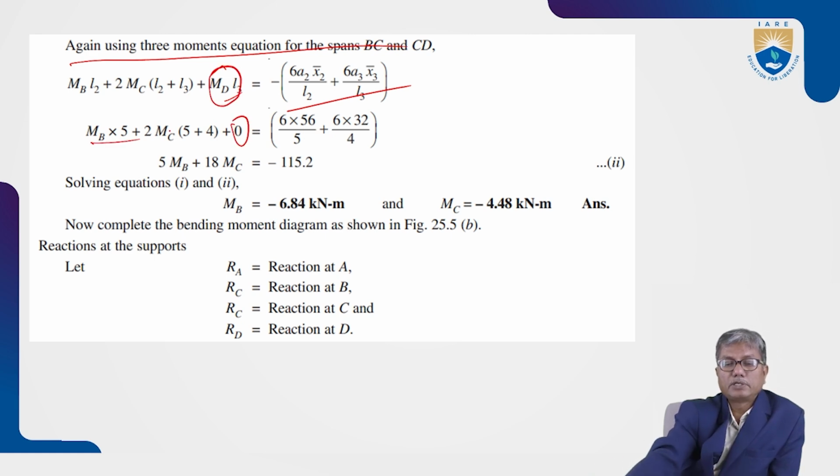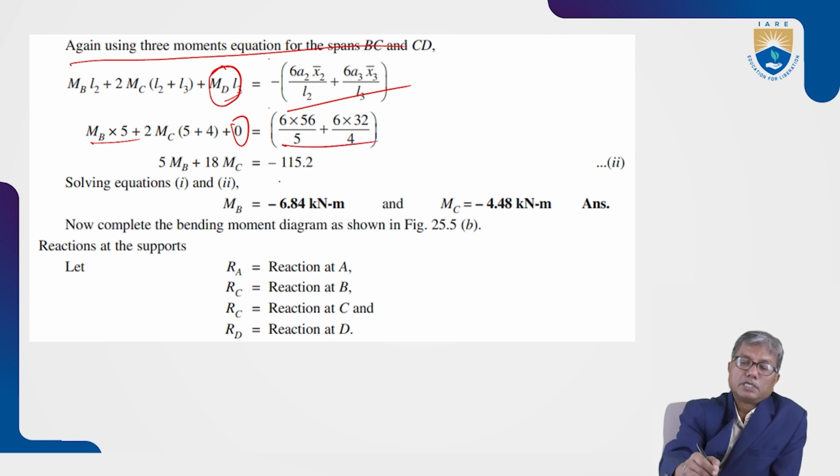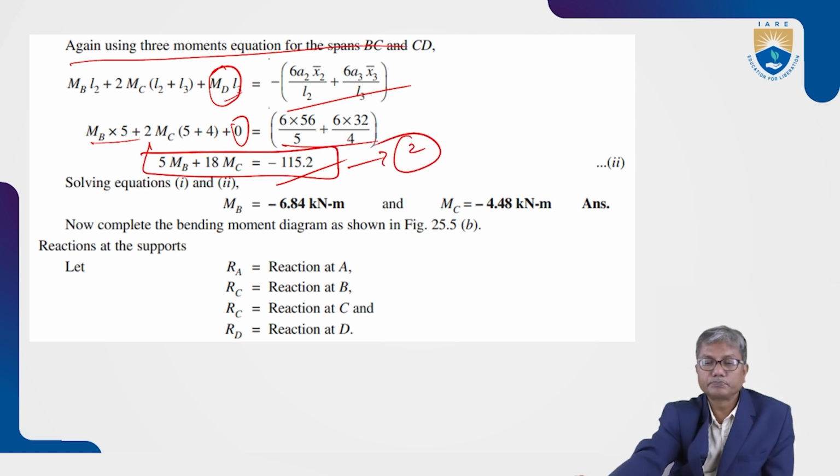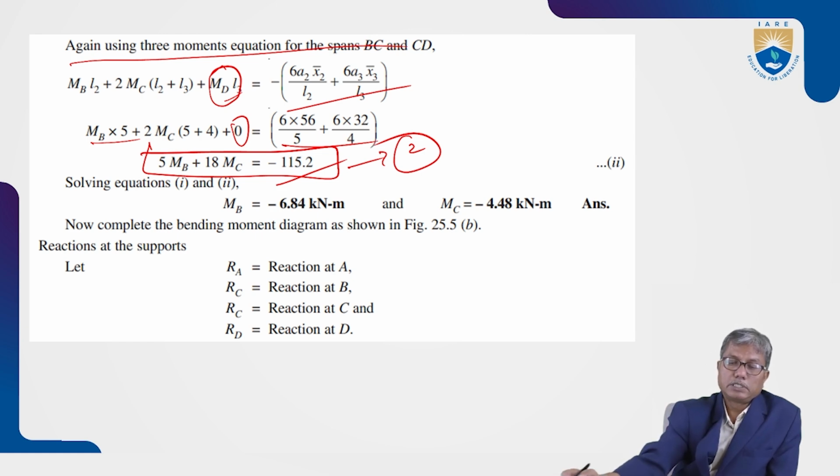So you will have 5MB plus 18MC equal to minus 115.2. And this is the second equation in MB and MC. By solving these two, we get MB and MC: minus 6.84, minus 4.48.